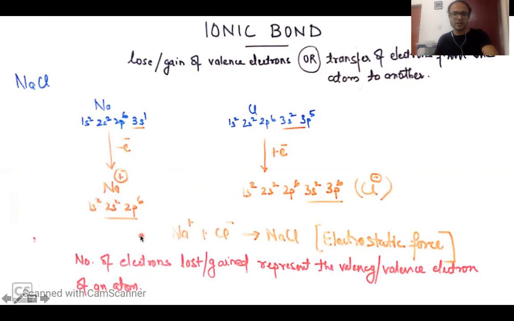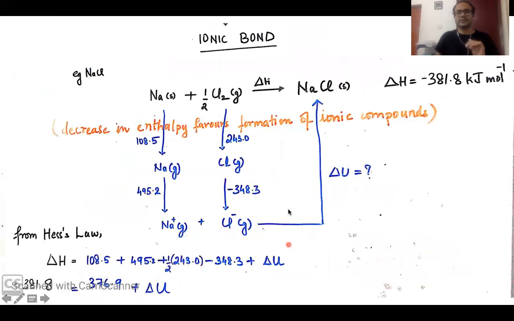So when we look into, let me move ahead. Here it comes. Here I have again taken the example of NaCl to explain in more detail the formation that is happening in this particular compound.